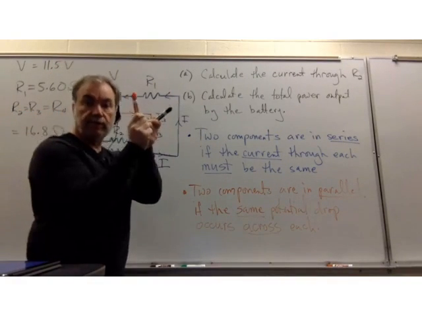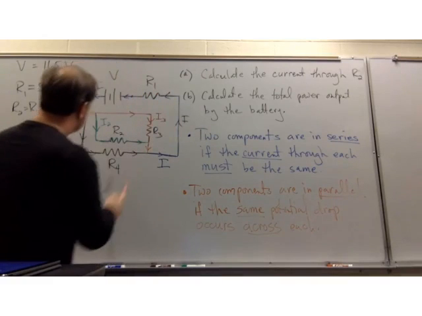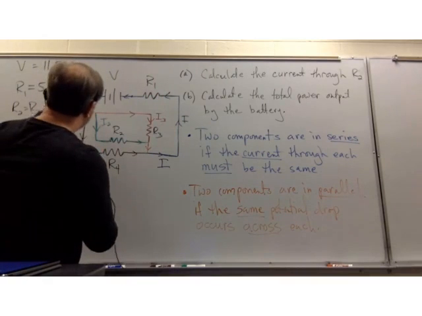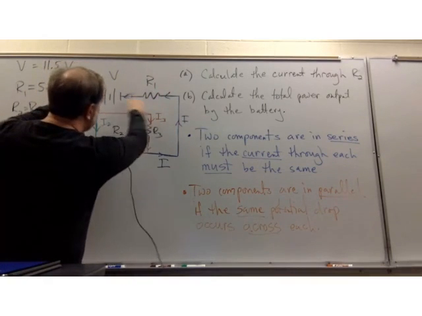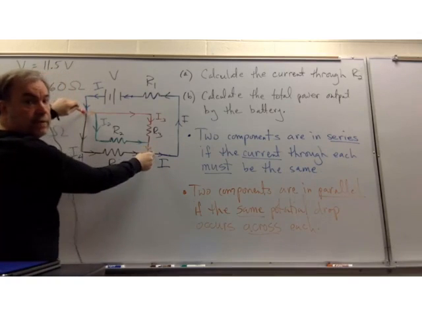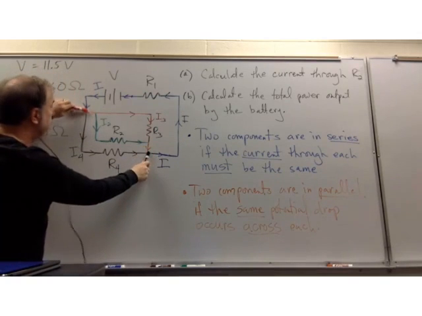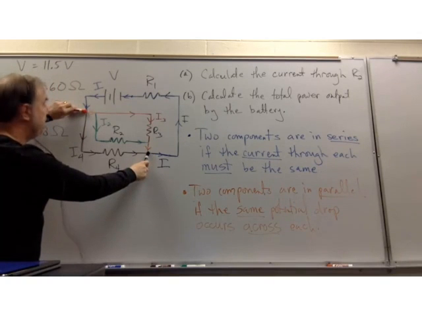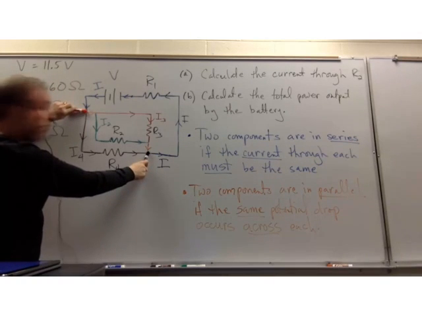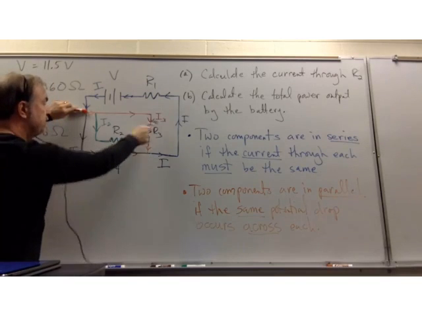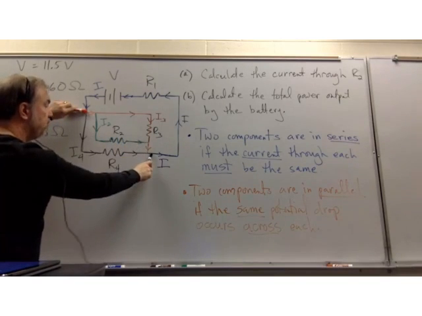Suppose I took a voltage probe and I put, let's see, this is the positive side of the battery, so I put the red probe here and I put my black probe there. Stare at that for a moment, and you should be able to convince yourself that I'm going to get just one single reading for a potential drop, and that same potential drop will occur across R2, R3, and R4.